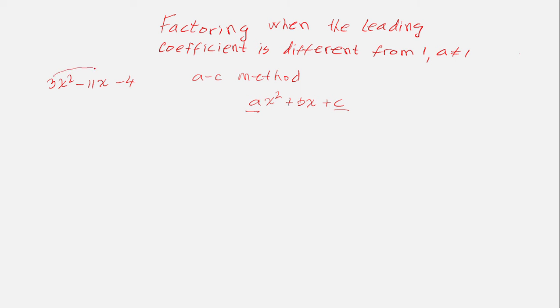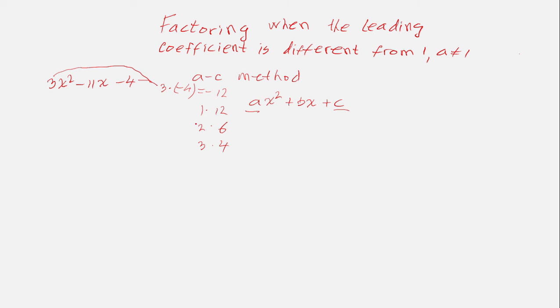Well, we actually multiply them. So 3 times -4 is -12, and then we find factors of -12. So 1 times 12, 2 times 6, 3 times 4, all of them will make 12, and if we want to make -12, one of them will have to be negative, either 1 or 12, or 2 or 6, or 3 or 4.